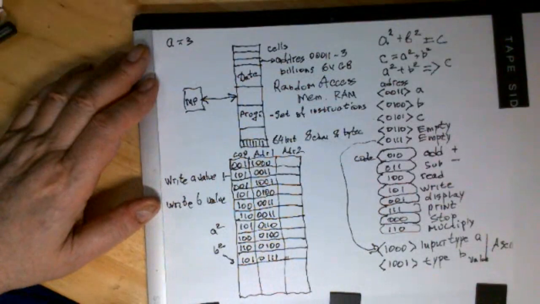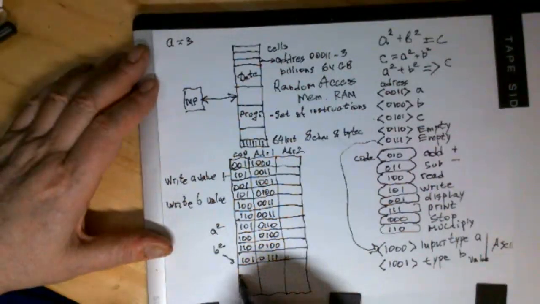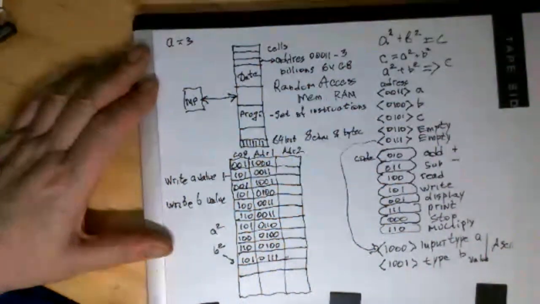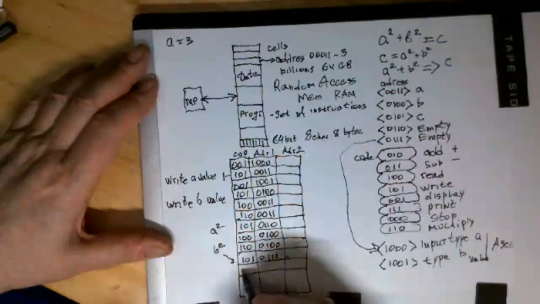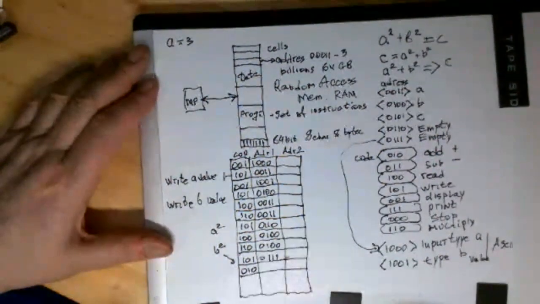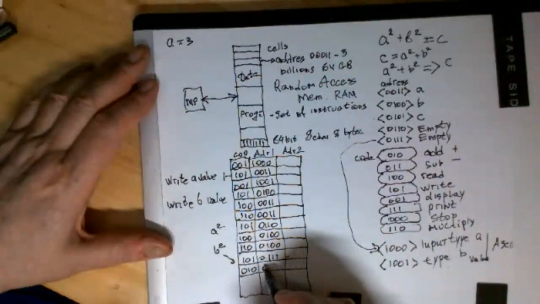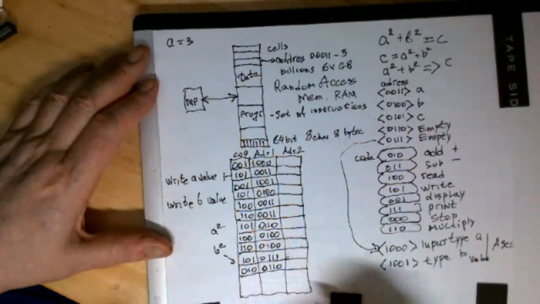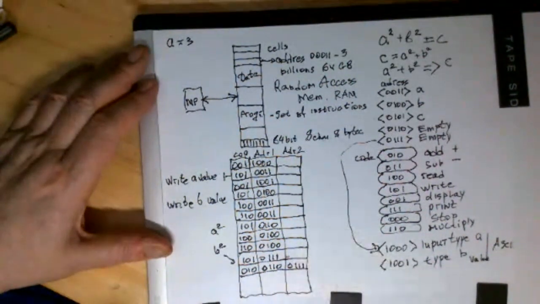So I calculated A square and B square. So now what I need to do, I need to add them. Add. So I will take addition. Addition is 010, and I will use cell 0110 and cell 0111.